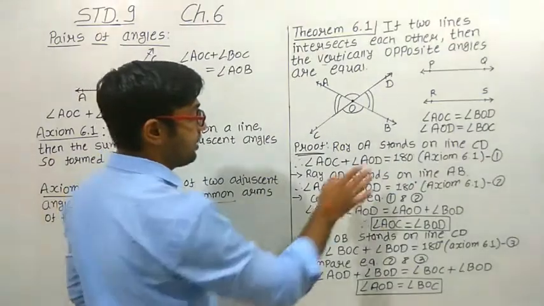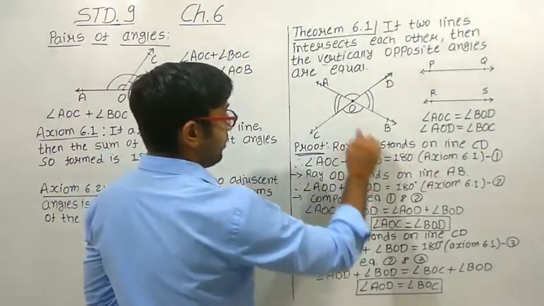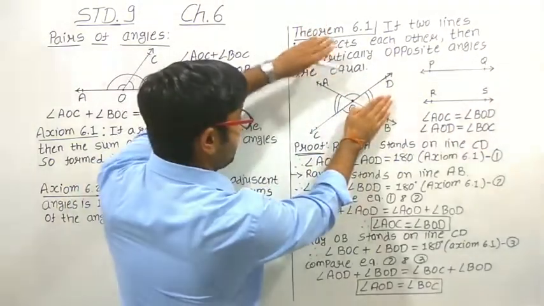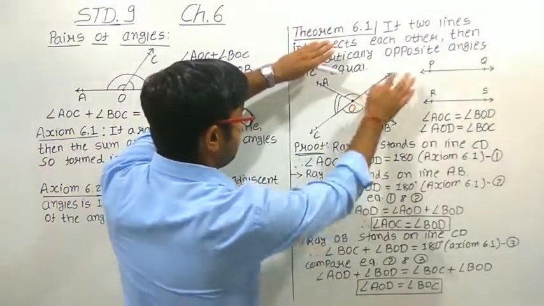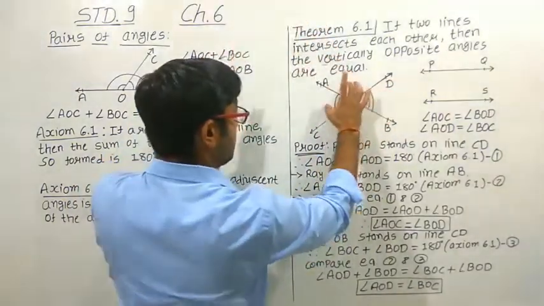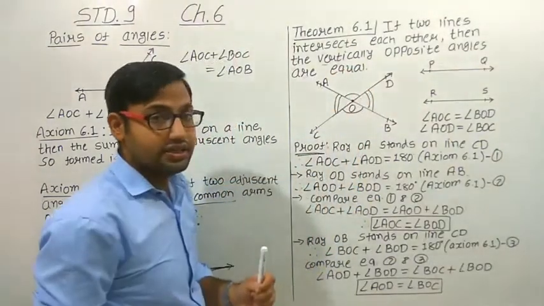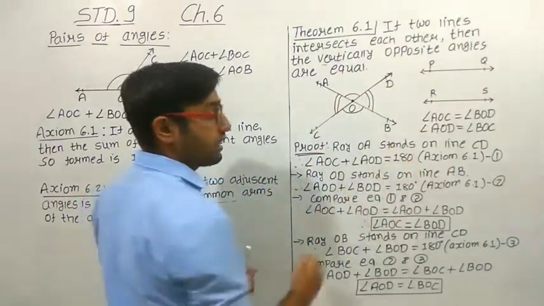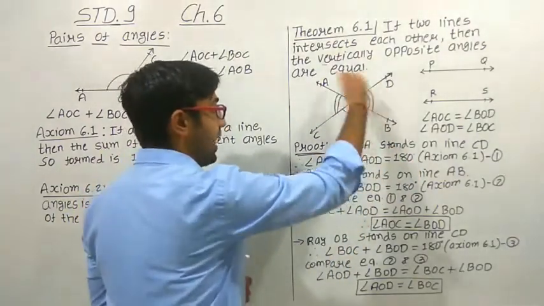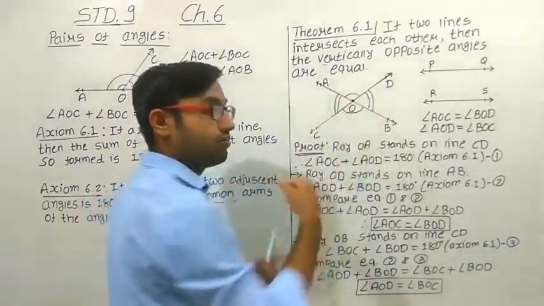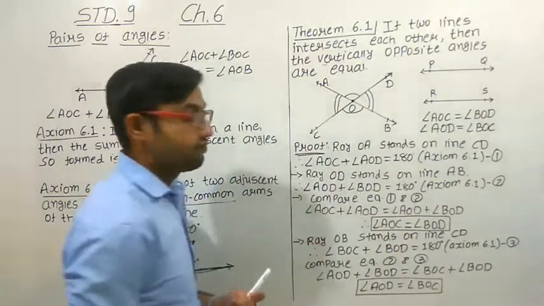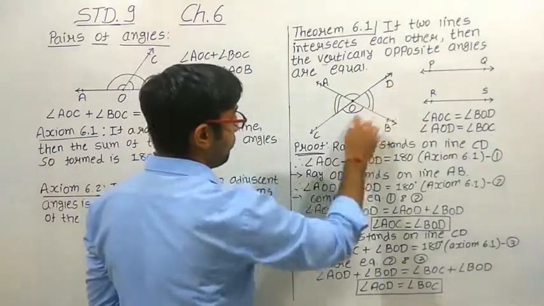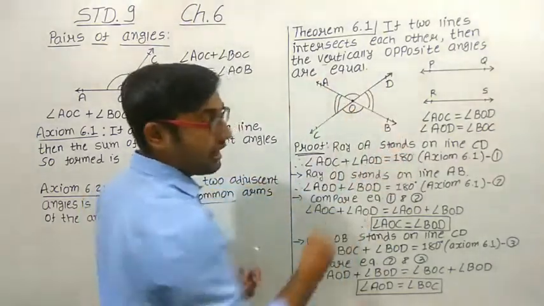See, one more time. Here ray OA stands on the line CD. So consider only this portion, right? CD is the line and OA is the ray. So these two angles are adjacent angles, and the sum of those two angles must be 180 degrees, because you can see that this is a line, a straight angle, and that is 180 degrees. Now in the same way, ray OD stands on line AB.